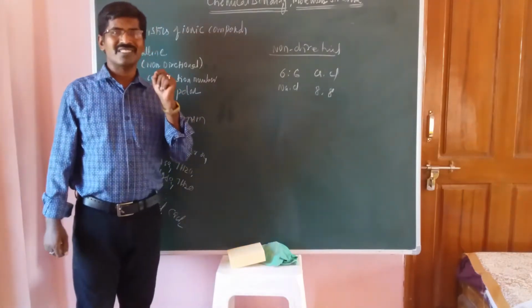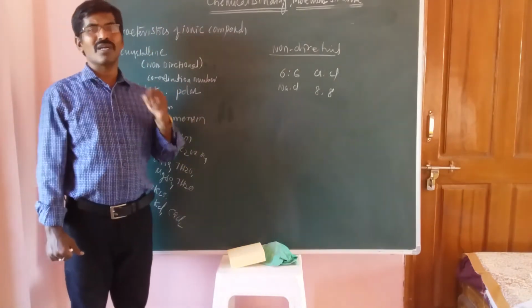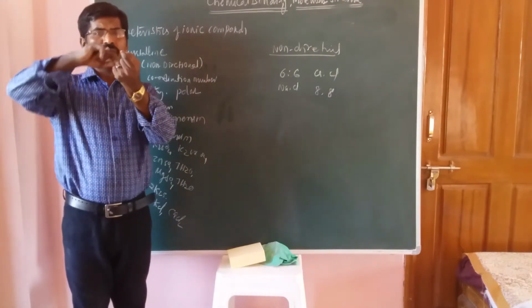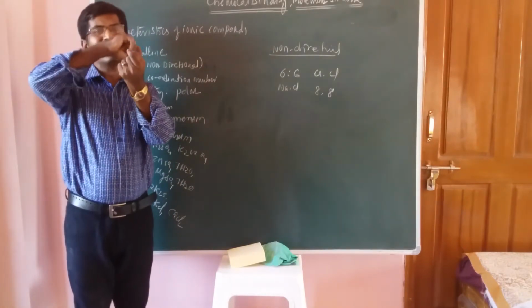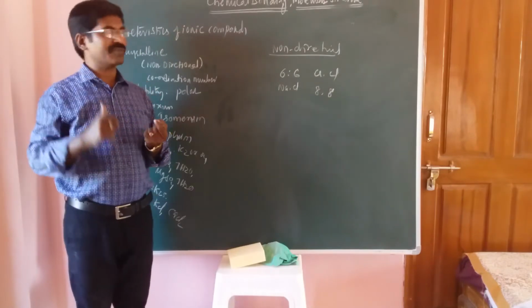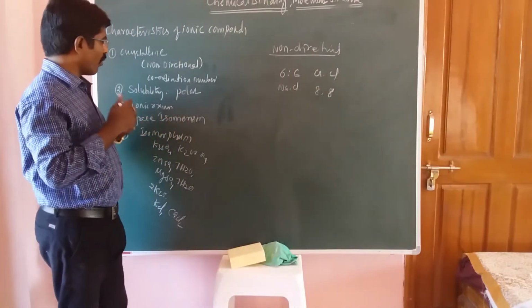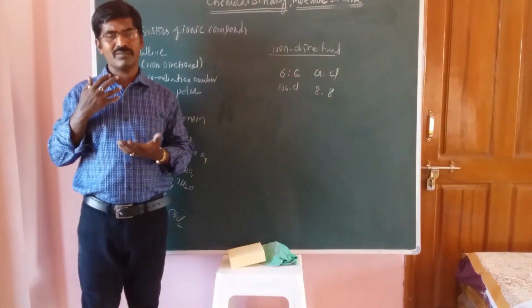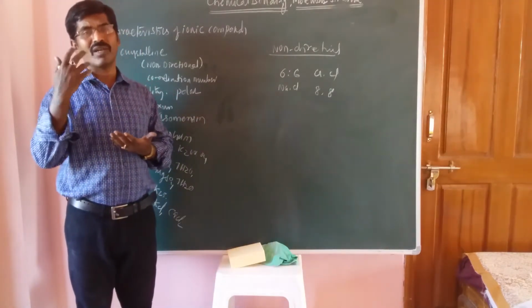Coordination number 8 means the central atom is surrounded by 8 other atoms. So the coordination number of ionic compounds ranges from 4 to 8 and 12 also.